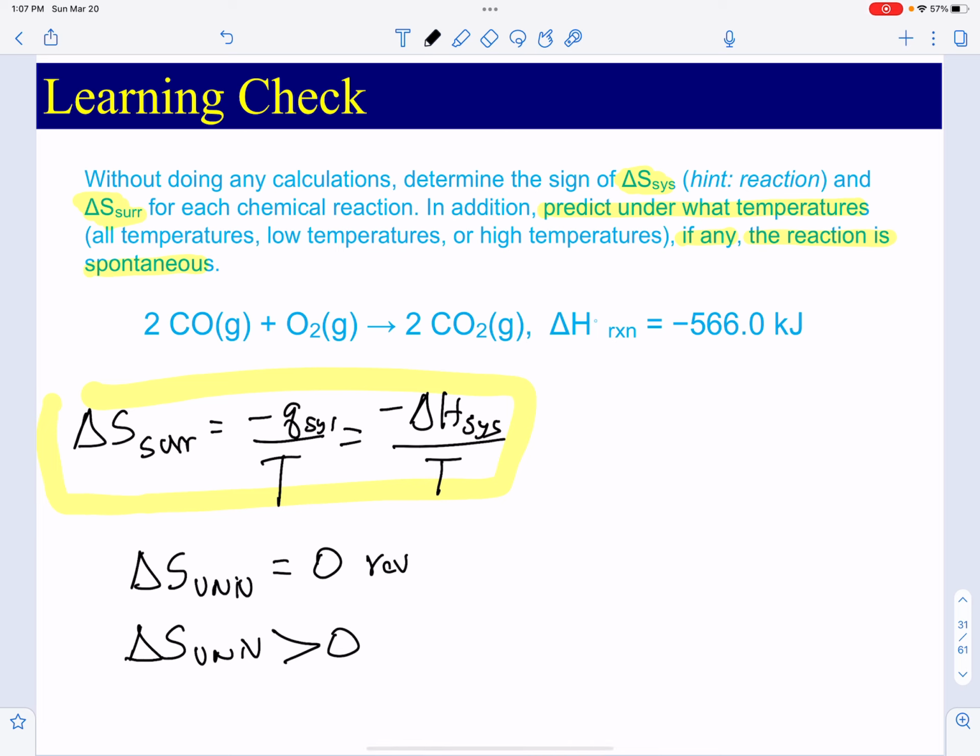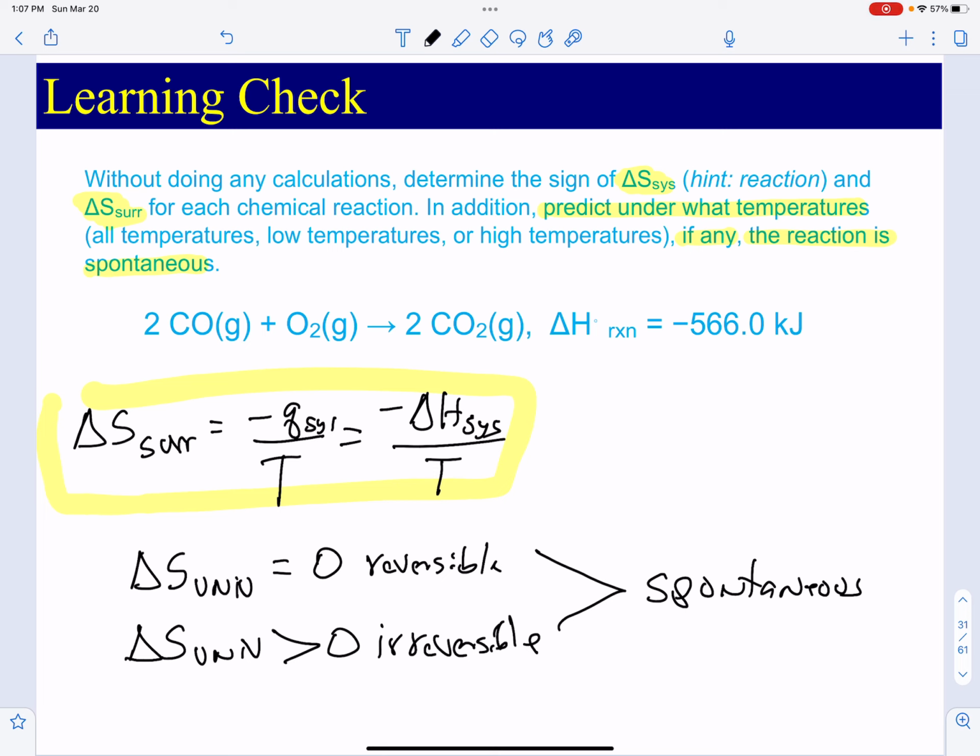This would be the reversible, and this would be the irreversible. But both of them are spontaneous systems. So 0 or bigger than 0 to be spontaneous. So let's see how we do this then.